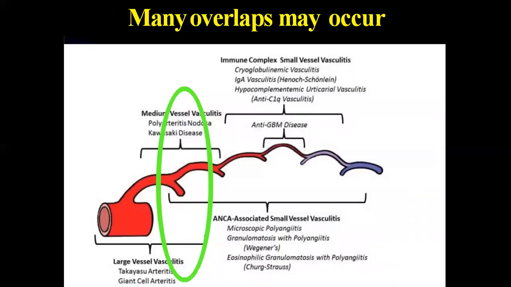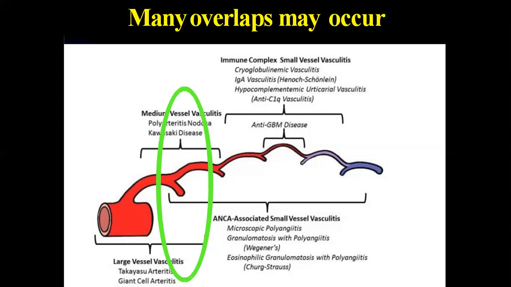This diagram is showing you that although we have classified vasculitis into three types, that is large, medium, and small, many a time there will be overlapping. If you start from the left hand side, you can see large vessel vasculitis is demonstrated. Then it continues with the medium vessel and small vessel vasculitis also.